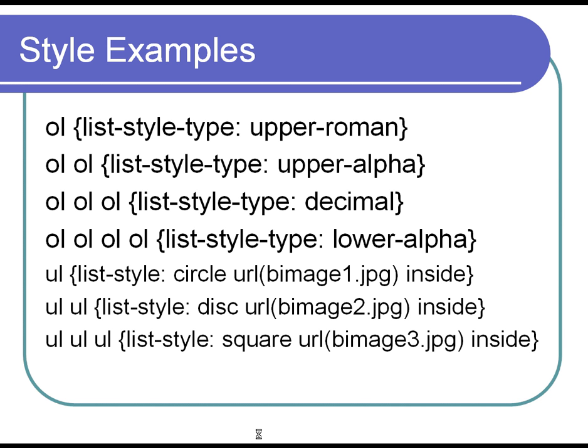So, for example, here we have list style. We're going to have it circle, and we're going to have a URL, bitmap1 JPEG, and inside. Okay, so we're going to place the graphic inside. There's an inside and outside feature here that we'll experiment with.